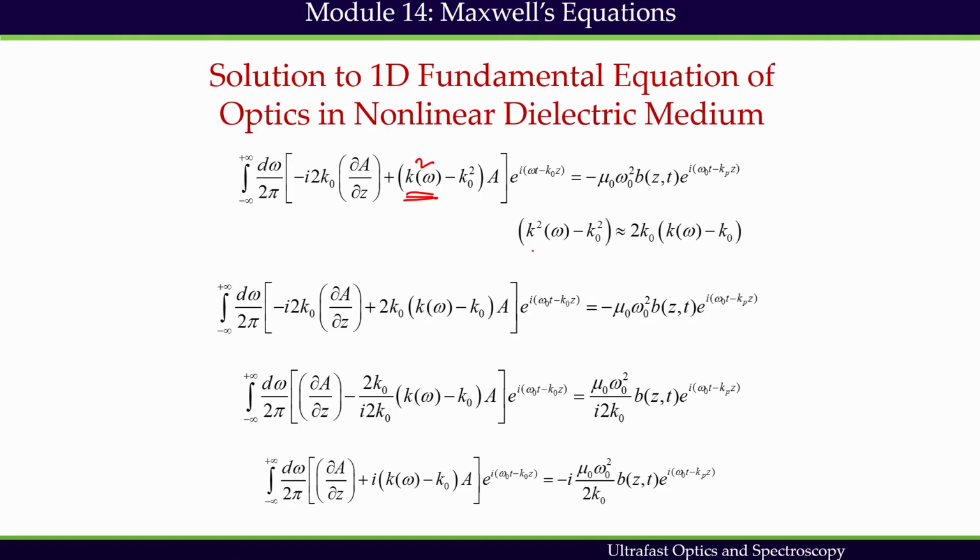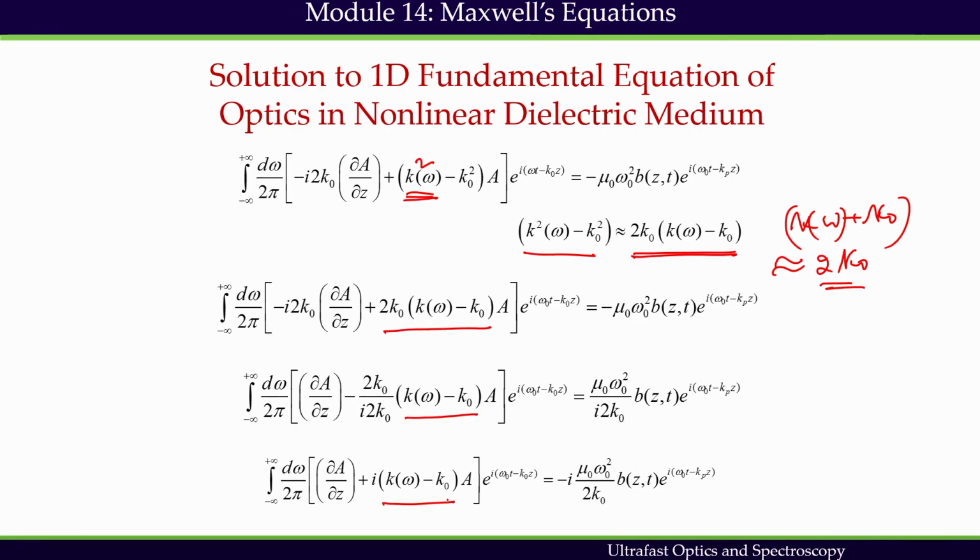So I can write down this square to be like this, because k omega plus k naught is approximated as 2 k naught. That's why you can write down approximately like this. So I get this expression, and rewriting this expression one more time here, we get this expression like this.